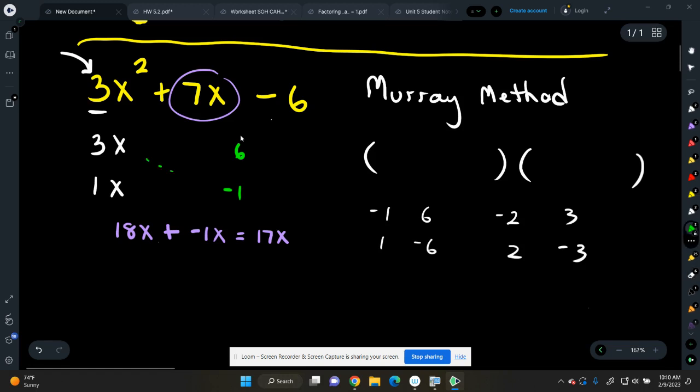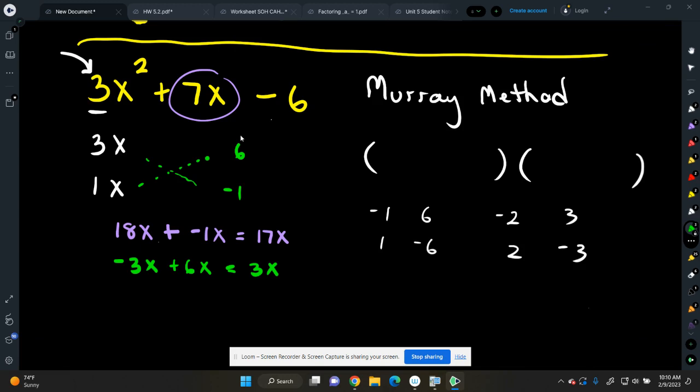So we're going to check it. 3 times negative 1 is negative 3x. 1 times 6 gives me 6x. This adds up to 3x. It's closer, but it still didn't work. As we do this, you're going to learn to recognize whether it'll work or not very quickly. Okay? So this didn't work.